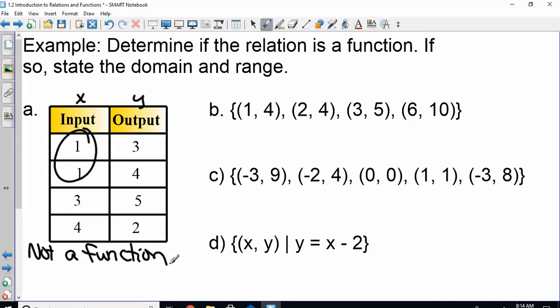B, I gave you a list of ordered pairs. Is that a function? All you have to look at are the x's. Is every x different? Yes, so this one is a function. My domain. What numbers make up the domain? 1, 2, 3, 6.